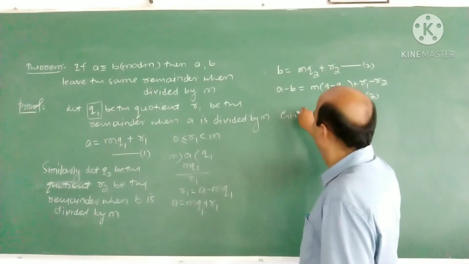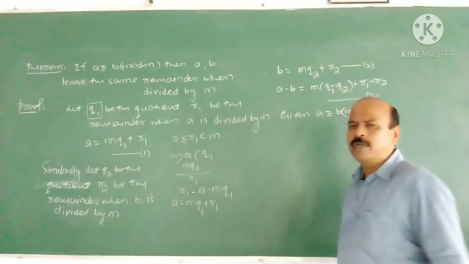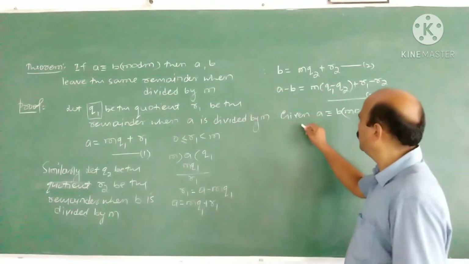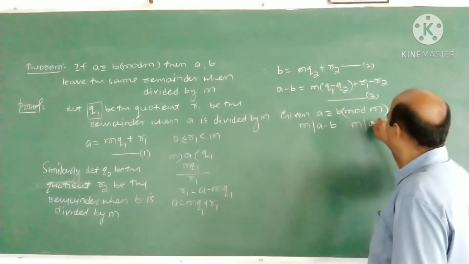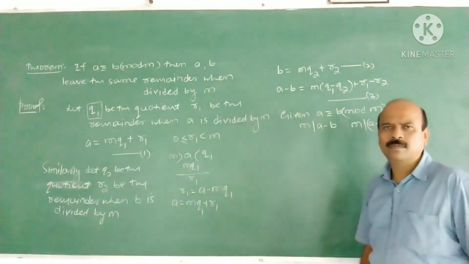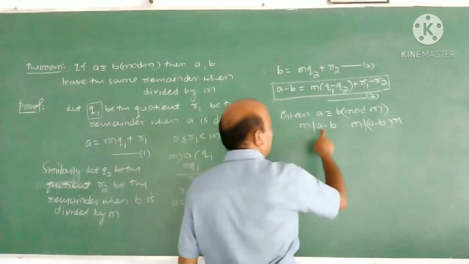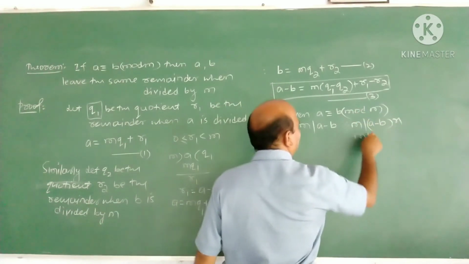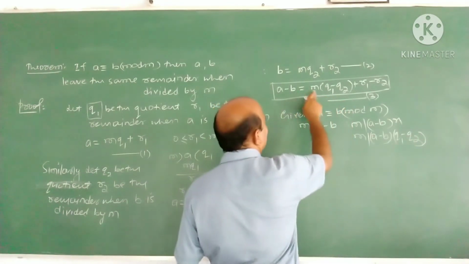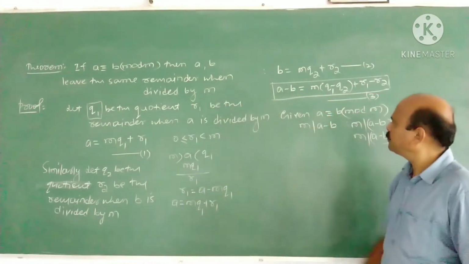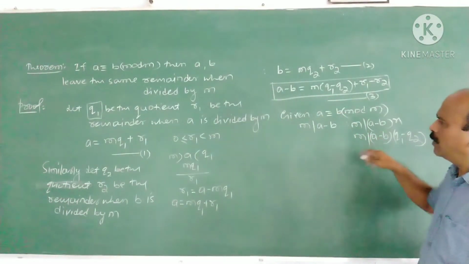But what is given? It is given that A is congruent to B mod M. And you know the definition of congruence modulo M: A is congruent to B mod M means M divides A minus B. Therefore, M divides A minus B into X also. Now see this 3. What happened here?